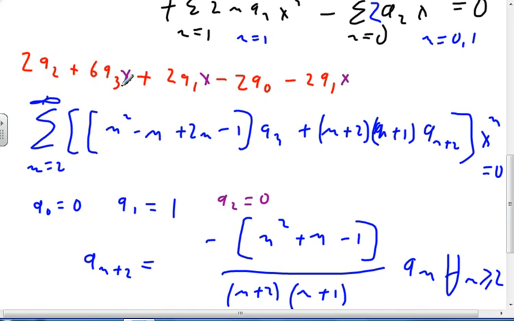Six a3 plus 2a1 minus 2a1 has to be 0. Oh, okay, no problem.